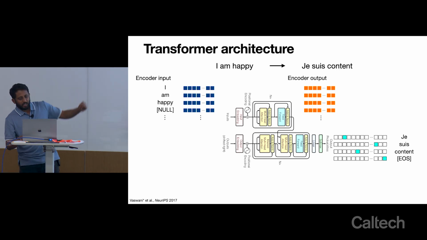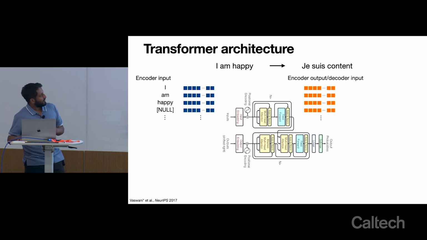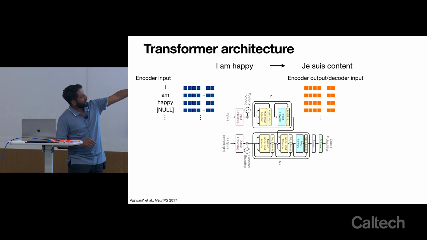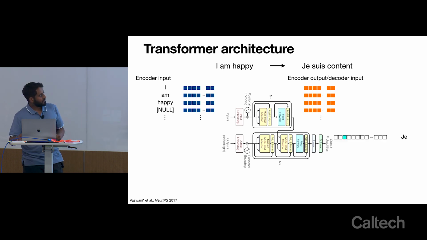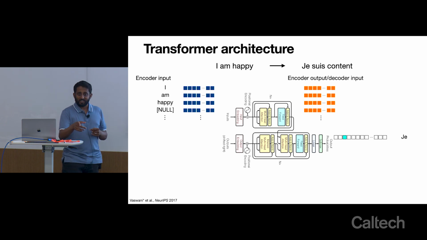Okay, great. So that's the output of the encoder, right? And now we're going to generate the French text with the decoder. The encoder has all that output, and the decoder sees all of that and then will output. Now, we're talking about one-hot encodings.